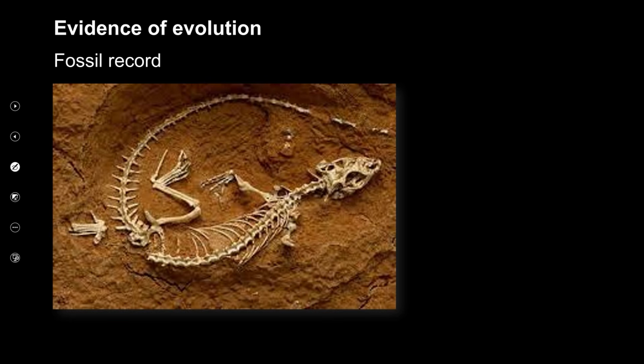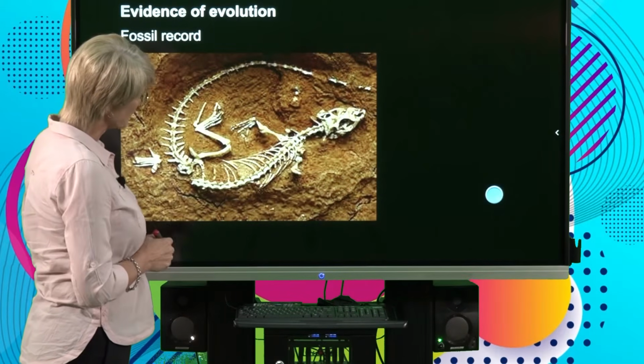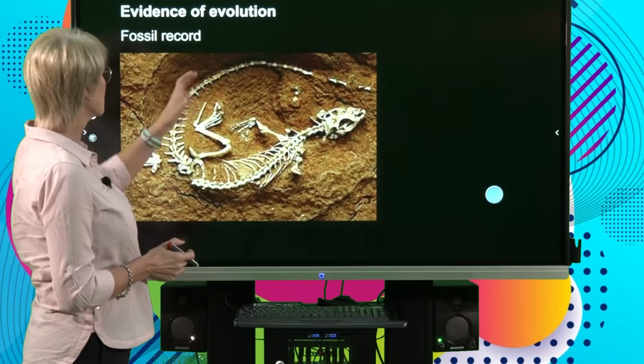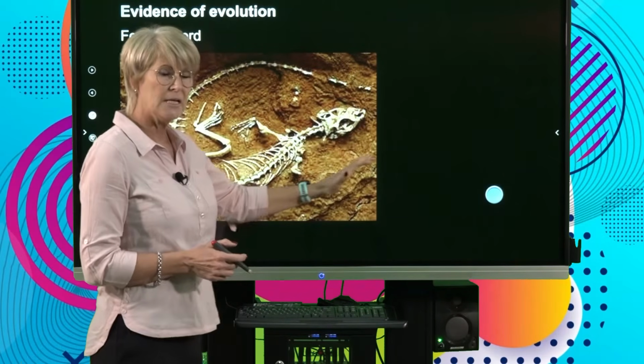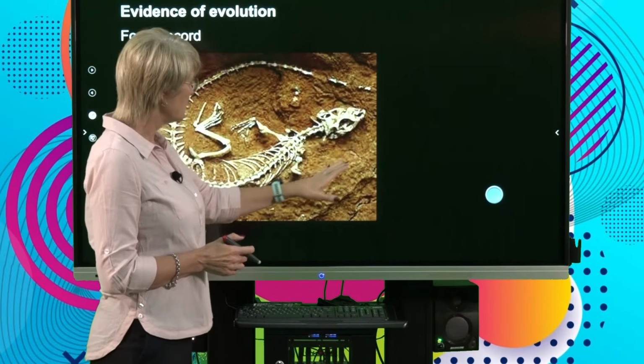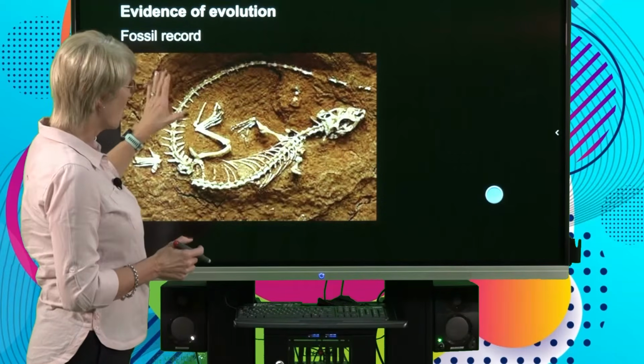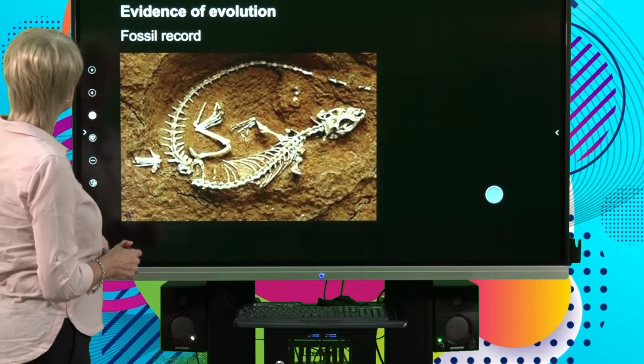So when archaeologists work on the fossil record, they work very carefully and with very fine tools to let the fossil emerge out of the rock. Remember, it is in rock, not in soil. These have been fossilized in rock, so it becomes quite difficult.